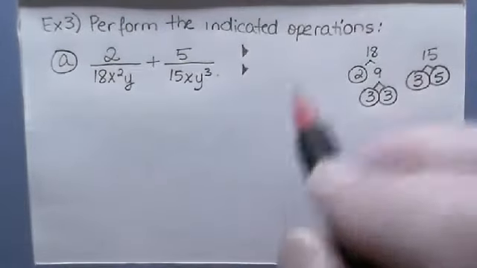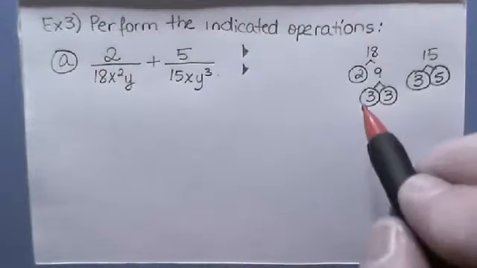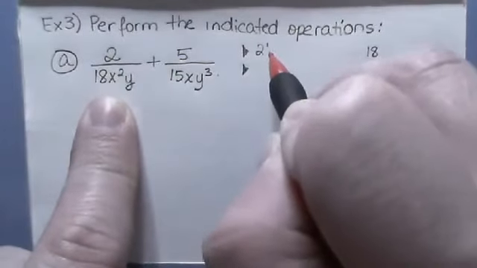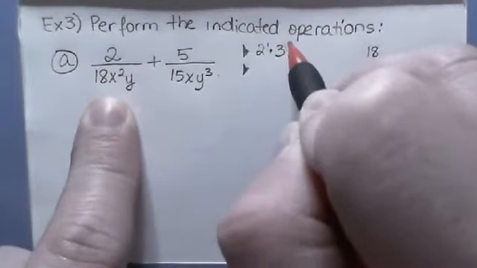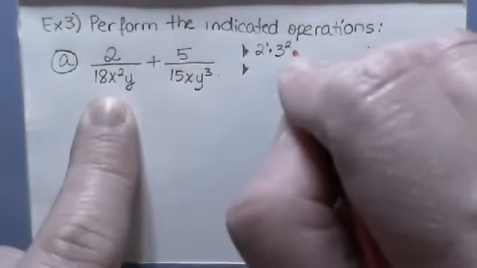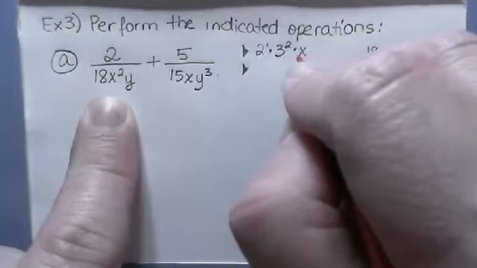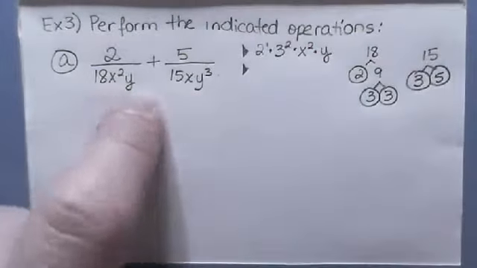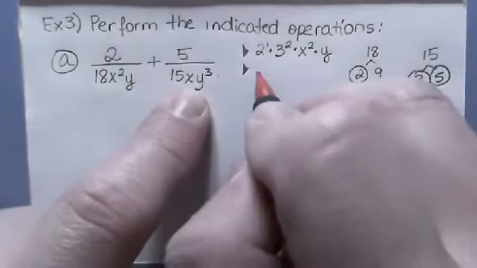Alright, very well. Now that I have that, I'm going to write the two denominators here. I'm going to line them up. So the first denominator is 18, so I'm going to write 2 to the first times 3 to the second and times x squared times y. Now I'm going to line up the second denominator, which happens to be 3.